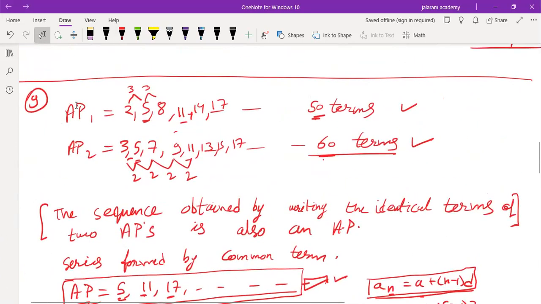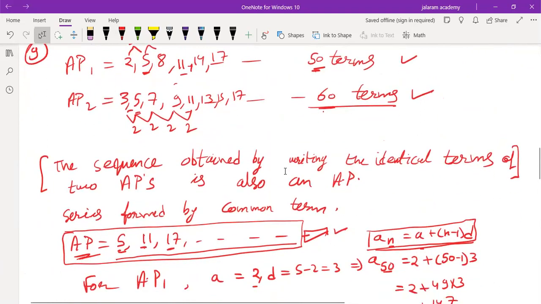AP1 means an AP of 50 terms, 2, 5, 8, 11, and another AP of 60 terms, having the terms as 3, 5, 7 are taken, and we have to find the number of identical terms out of these two APs.